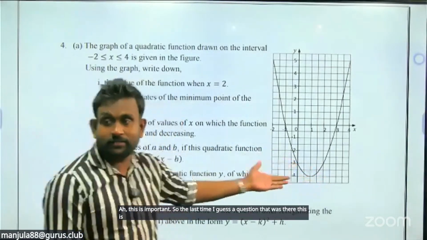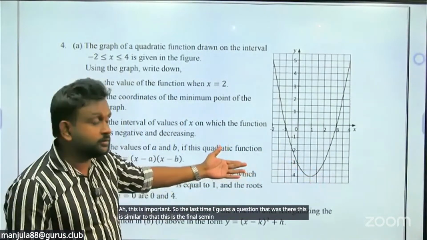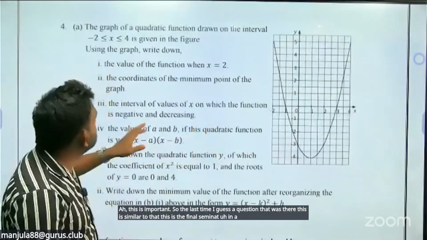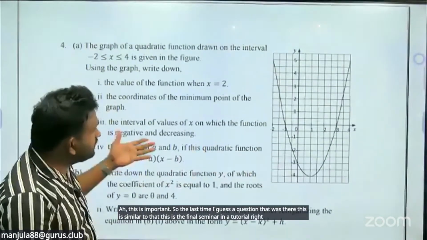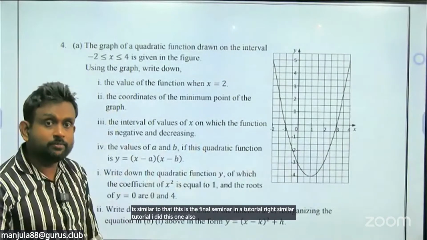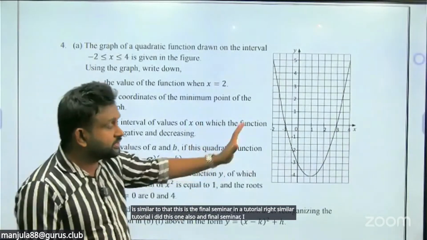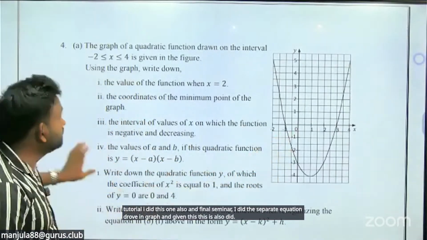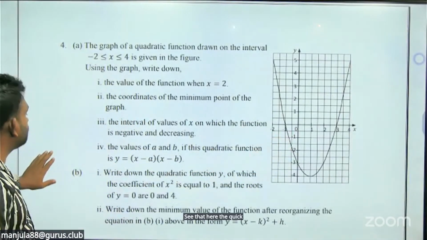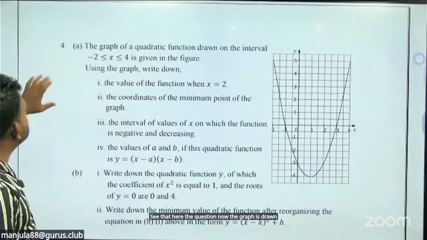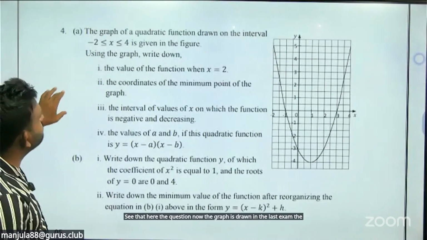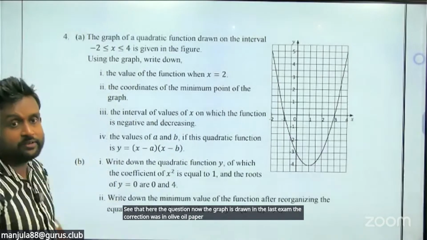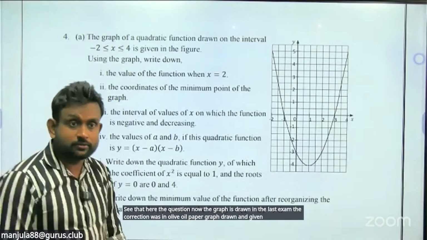This is the final seminar tutorial. I did this one also, and in the final seminar I did the separate question, drawing a graph and given this. Now the graph is drawn. In the last exam, the question was in the oval paper, graph drawn and given, and the question being asked.